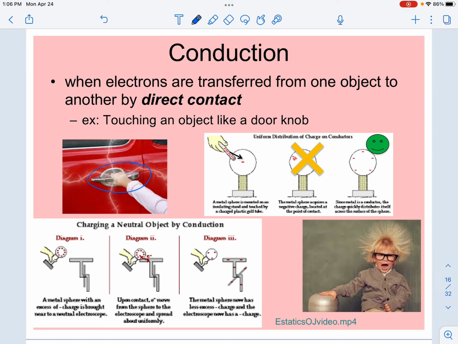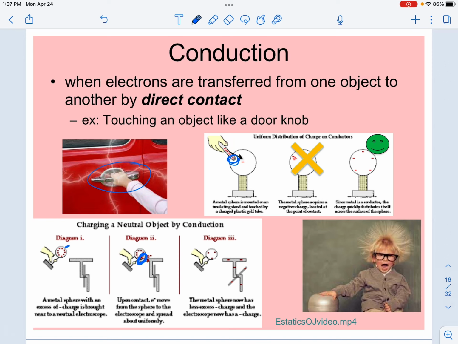Touching, okay? So if we look at each of these examples, all of them have some sort of material that has some sort of electric charge. In this case, the sphere is electrically charged, the plate is neutral, and so as soon as they touch, those electrons physically move from the charged object to the other object, okay?